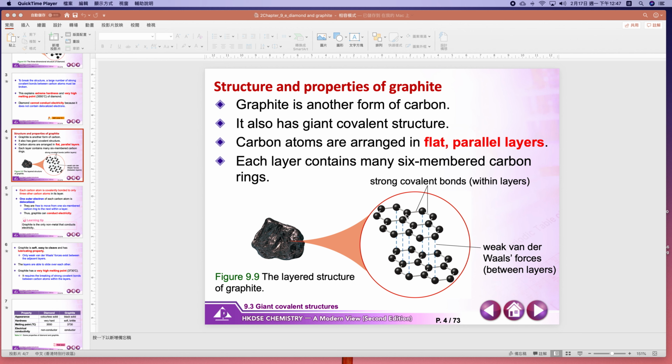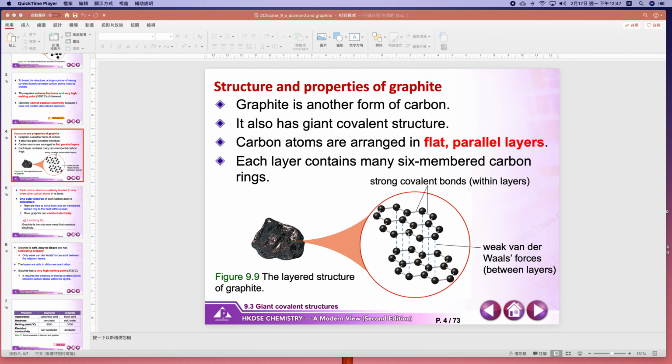First of all, if you refer to the number of carbon atoms bonding to each other, you can see each carbon atom can form 1, 2, 3 covalent bonds with 3 other carbon atoms. Try to recall. There are 4 outermost shell electrons in each carbon atom.